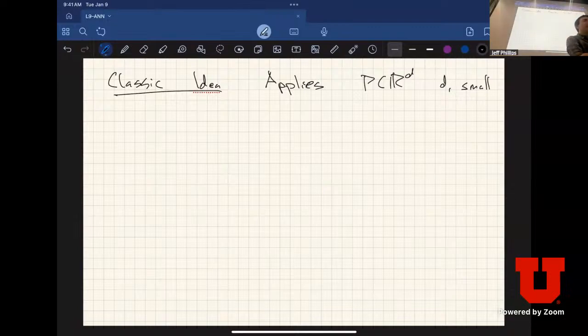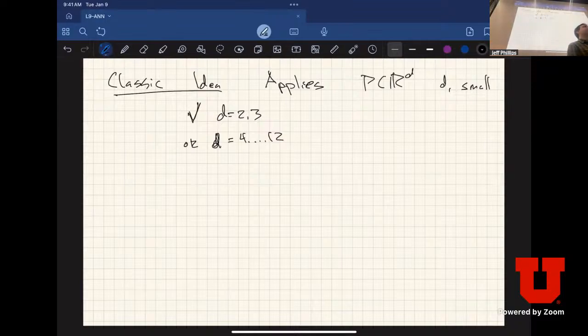Think of it as a big check mark for good if D is equal to 2 or 3 dimensions, and kind of okay if D is equal to 4 up to say 12 dimensions or so. This is a classic idea that was really developed starting in the 1970s, 1980s, 1990s. So it's a common thing.